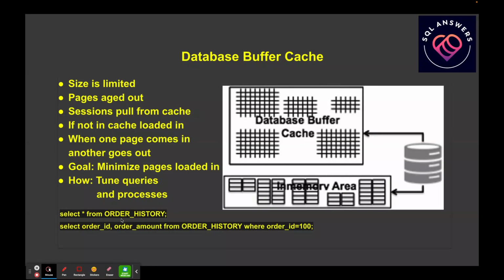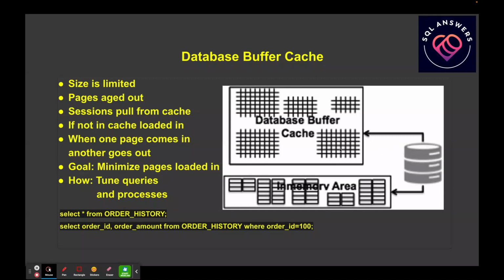Let's say that the order history table is 8 GB, which is the size of our buffer cache. That means the entire table is going to need to come into the buffer cache. And let's assume that order history didn't have any entries in the buffer cache. That means everything else that's in the buffer cache needs to get dumped in order for that order history data to come in.